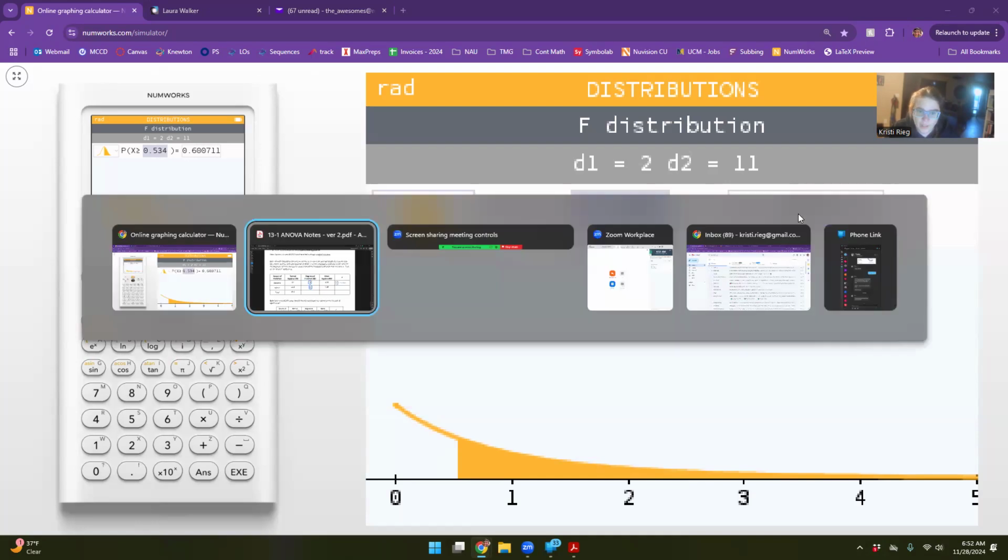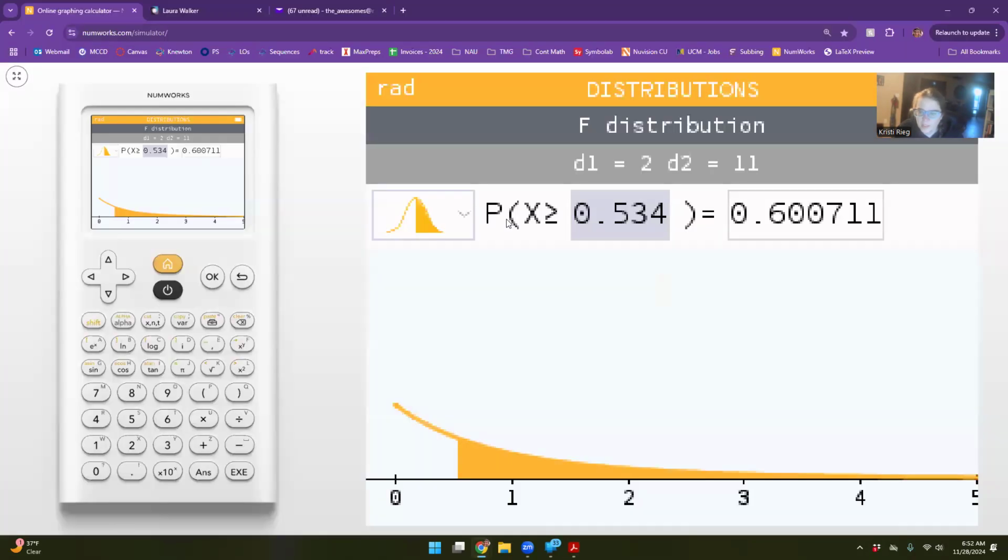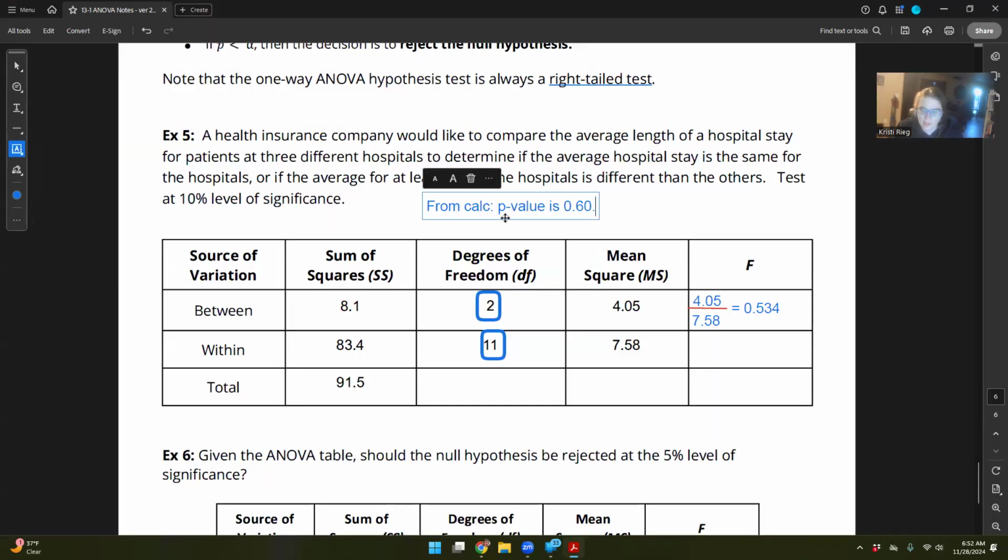So I come over here. I'll write it at the top so it stays with this problem. So this one, we determine that the p-value from the calculator is 0.60.